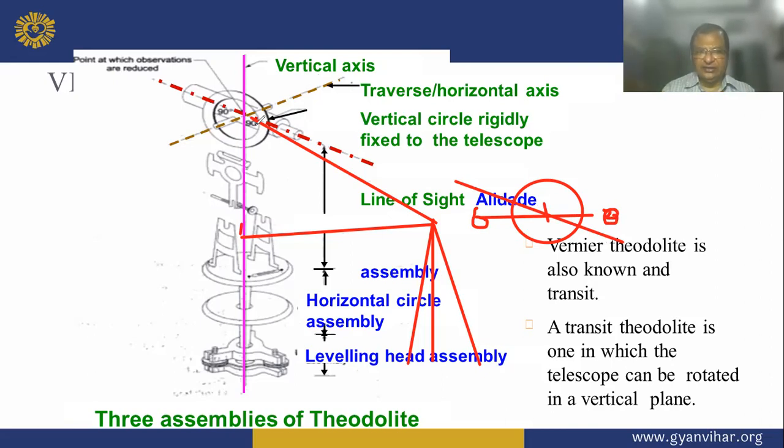And after that, when you fix this clamp, you will move the upper portion, and telescope will be up. And it means, my dear, you can take the vertical angle. So clear it is?